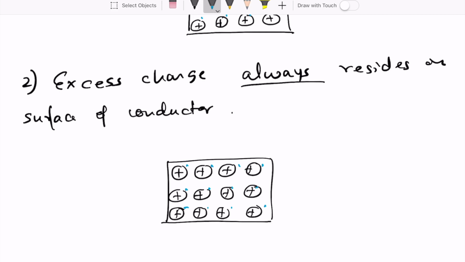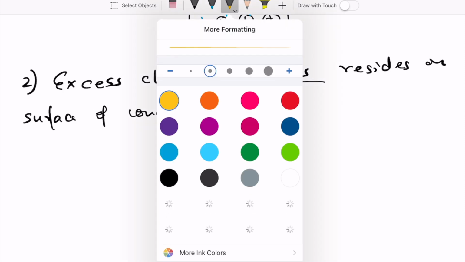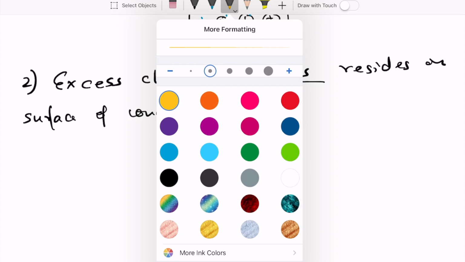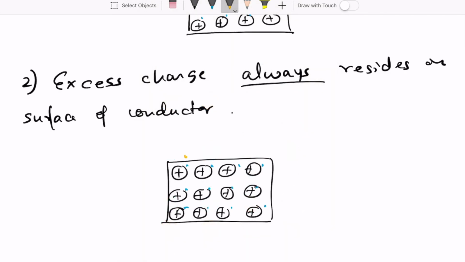To distinguish between the electrons that were already there and the new excess electrons that you transferred, I'm just going to draw the excess electrons with a different color, maybe yellow. So what I'm saying now is that these excess electrons that you gave to this block in the process of charging it will always reside on the surface.